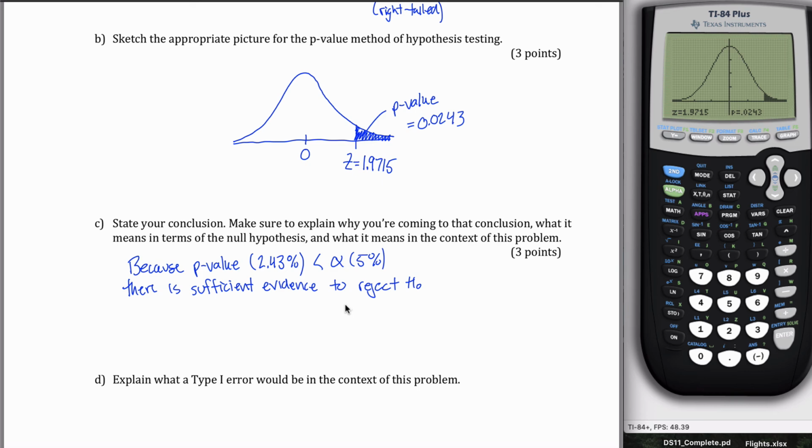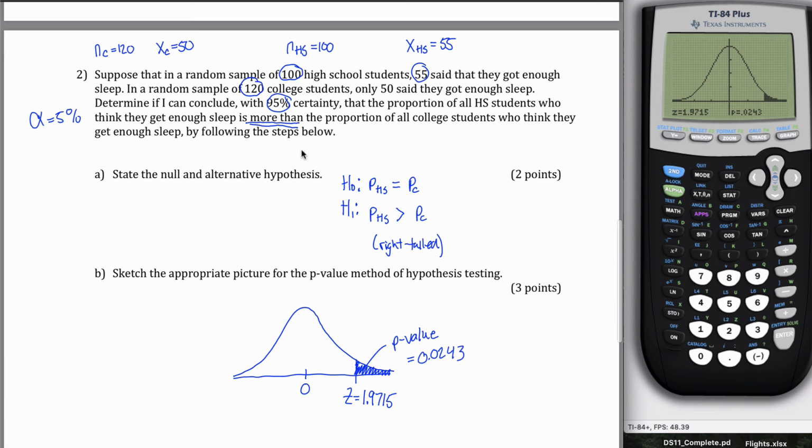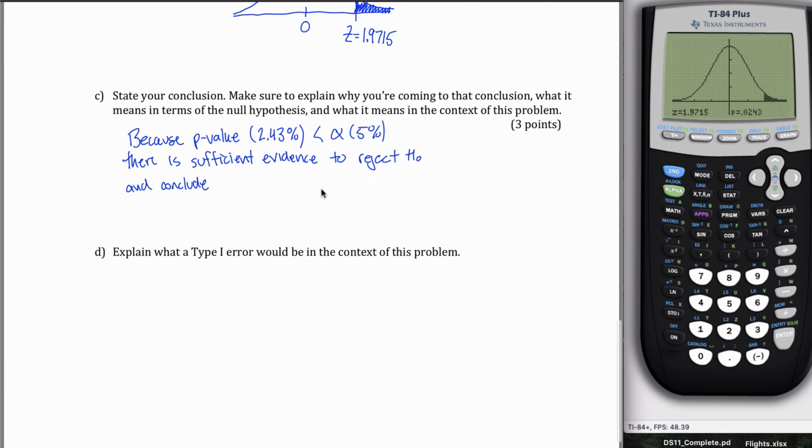There is sufficient evidence to reject the null hypothesis. What does that mean to reject the null? It means the claim is true. There is sufficient evidence to reject the null hypothesis and conclude that, what am I saying here? High school students think they sleep more. The proportion of all high school students who think they sleep enough is greater than the proportion of all college students who think they sleep enough. Well, it's going to be a pain to write.